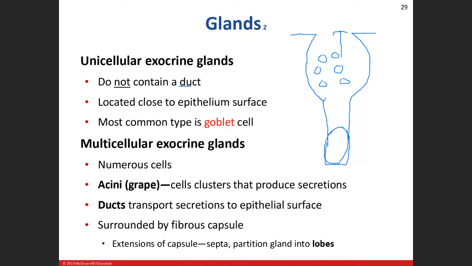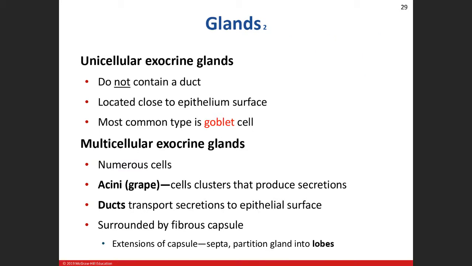All right, so the other type of exocrine glands that we're going to talk about are what we call the multicellular, okay? So this is the one that I just drew for you on the previous page, in which you had that fat rounded area here, the acini or the secretory portion, and then it's connected to the duct there.